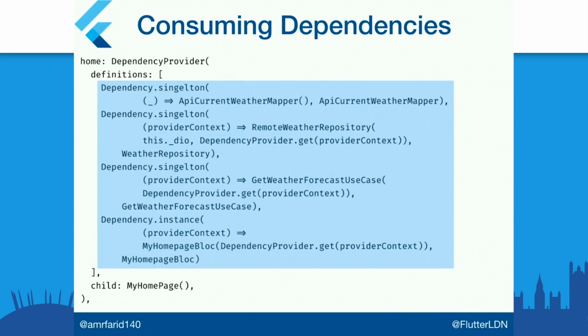And the trick here is you can find dependencies in the same context that you are building. For example, if the remote weather repository uses this mapper, I can use a provider context in here to fetch it while I'm building this. And that basically trickles down until you build your BLoC, and then the widget fetches the BLoC back.